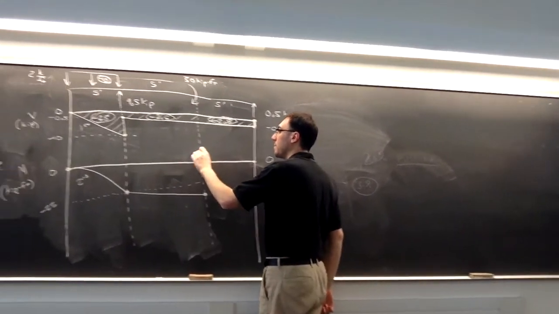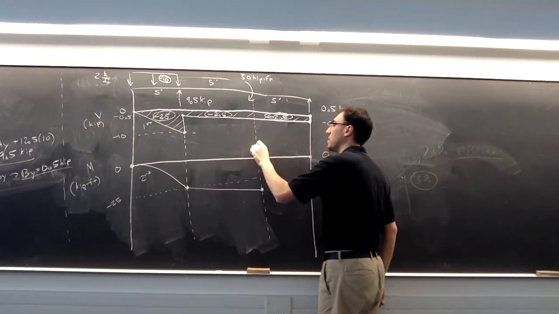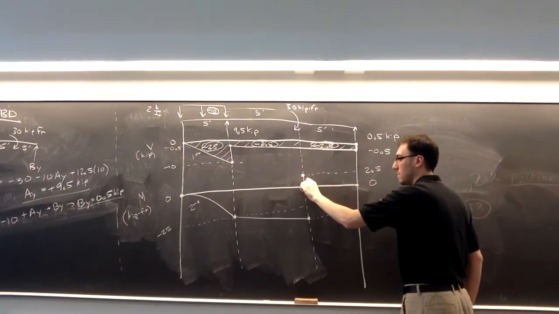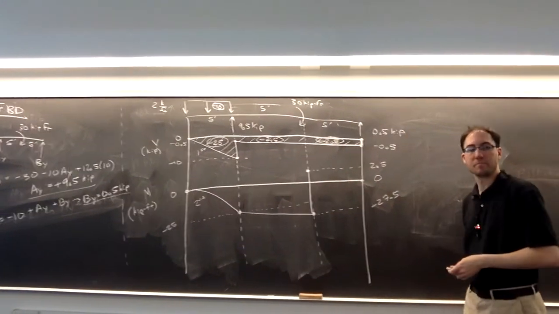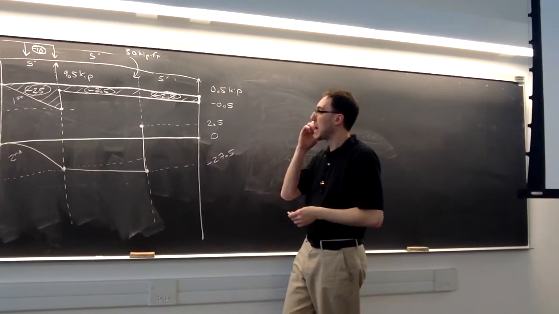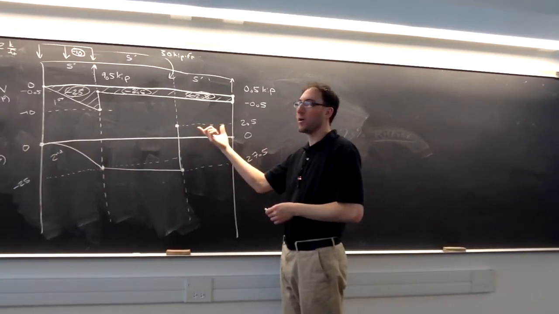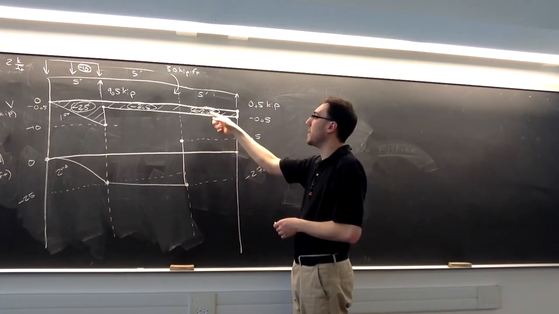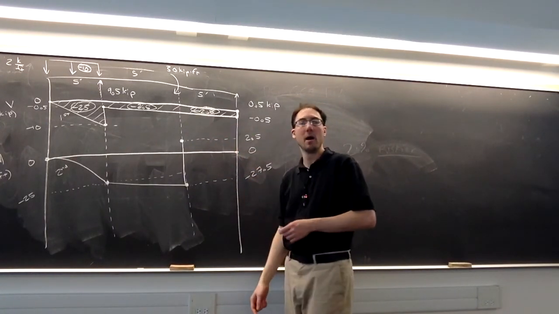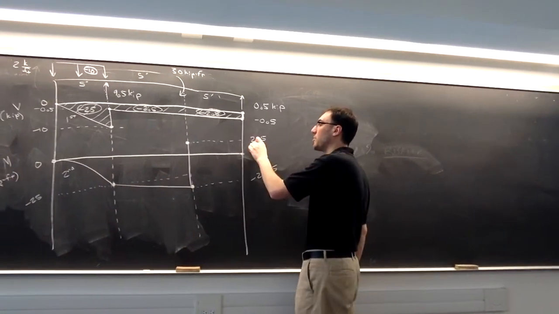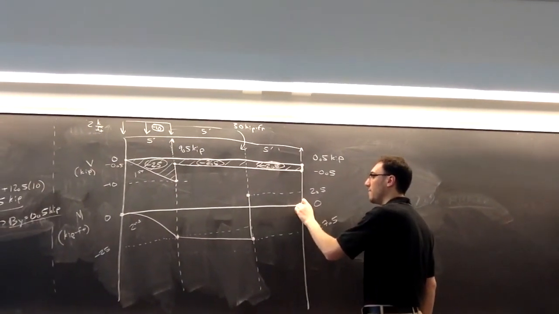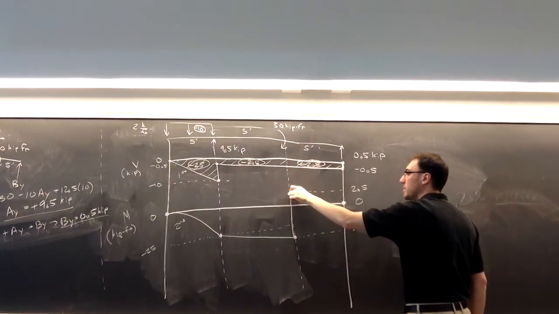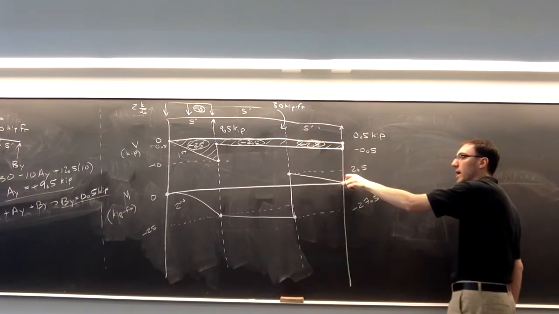That will take me up to 2.5. Finally, between these 2 points, by the time I get over to the right-hand side, I'm going to reduce my current value by 2.5. I'm at 2.5. I subtract 2.5. That will take me to 0. This is a horizontal line. This must then be a straight line.